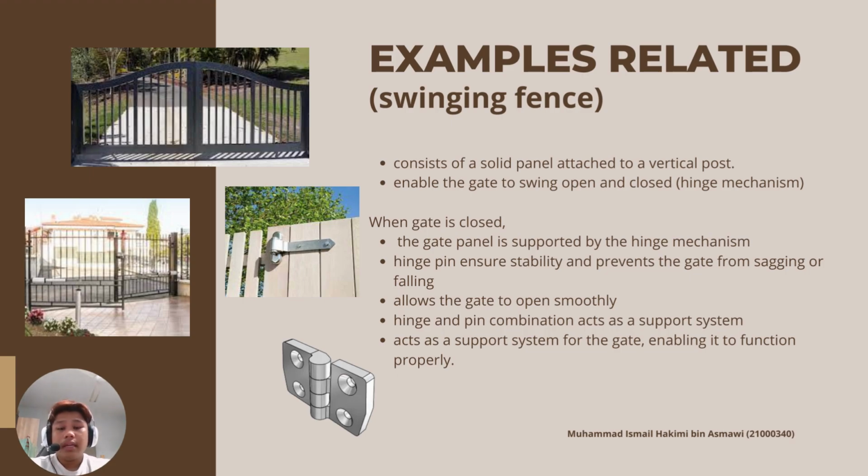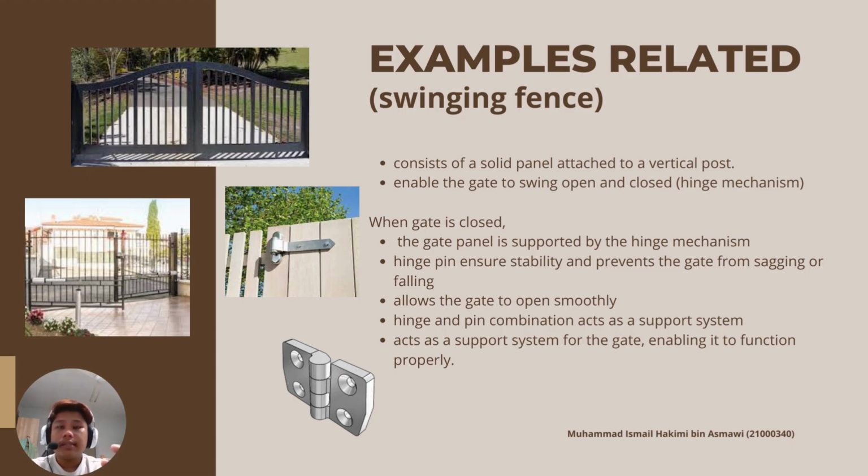Next, when the gate is closed, the weight of the gate panel is supported by the hinge mechanism. The hinge pin provides stability and also prevents the gate from sagging or falling down. It also allows the gate to swing open smoothly when needed, even when external forces act on it, for example wind or pressure.